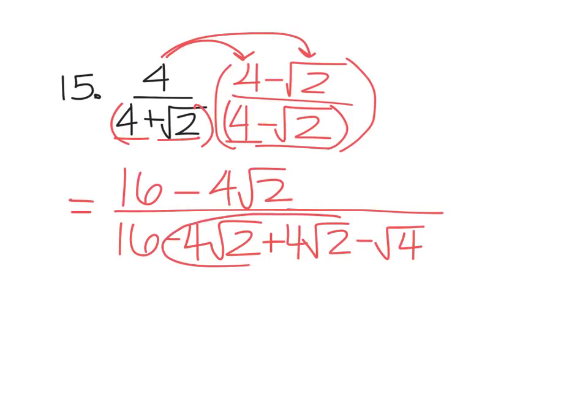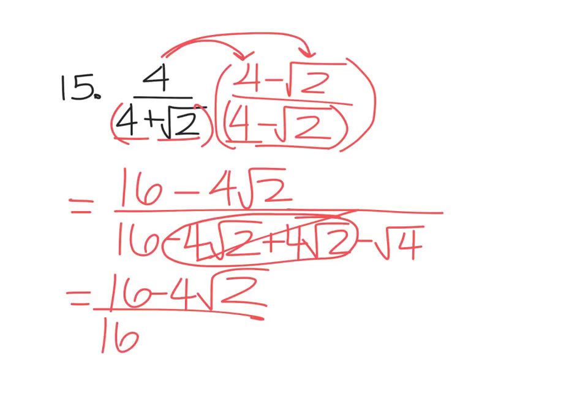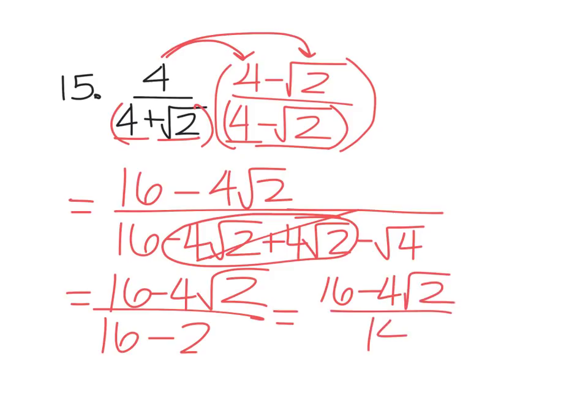So in our denominator, these will cancel out. So we end up with 16 minus 4 rad 2 on top. And then here we've got 16 minus the square root of 4, which is 2. We subtract 16 and 2, so we end up with 16 minus 4 rad 2 over 14.